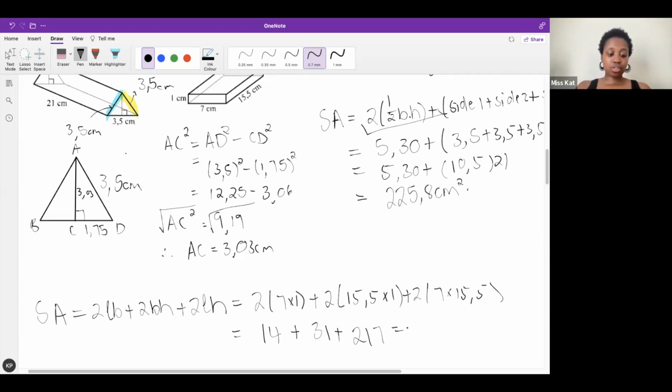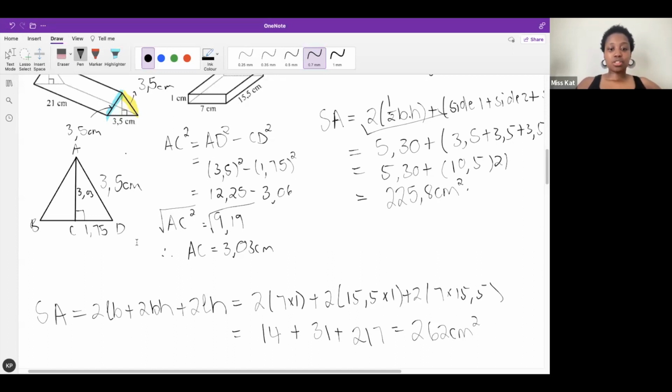And then for total surface area, I got 262 centimeters squared. Someone please check me. Oh, there we go. Omolemo already wrote it in the chat. Can we have someone else check us, please? Thank you, Mikhail. There we go.